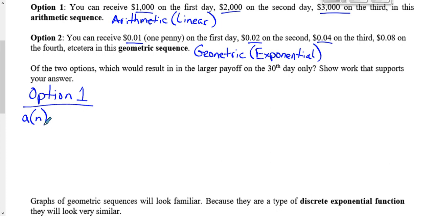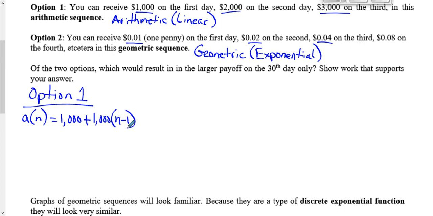Any given term on any given day is going to be, what's the starting amount for option 1? 1,000, plus, what's the common difference, d? 1,000, times, well, not n, but n minus 1, right? So is that our function there?